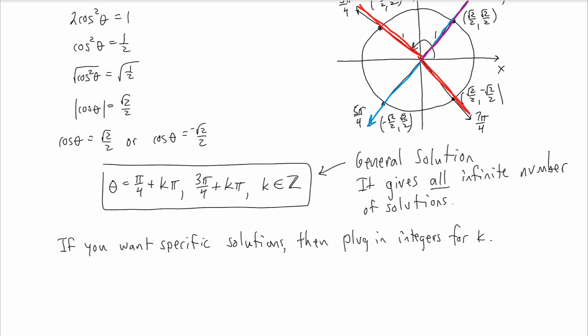That's what k is keeping track of, as an integer, because you want multiples of pi. So for example, I could plug in k equals -2, and then I'd get theta is pi over 4 plus -2 times pi. So if I do that arithmetic, that's -7 pi over 4, which is a solution.